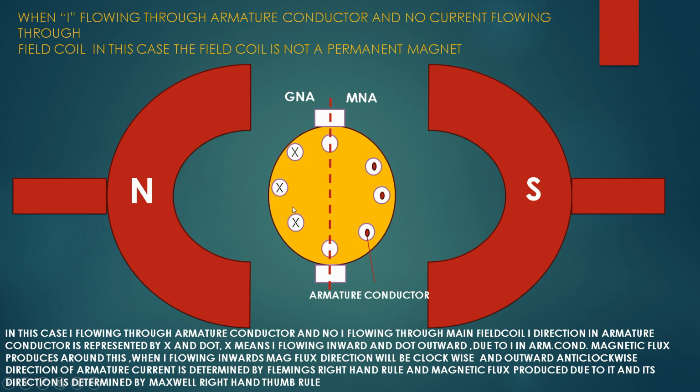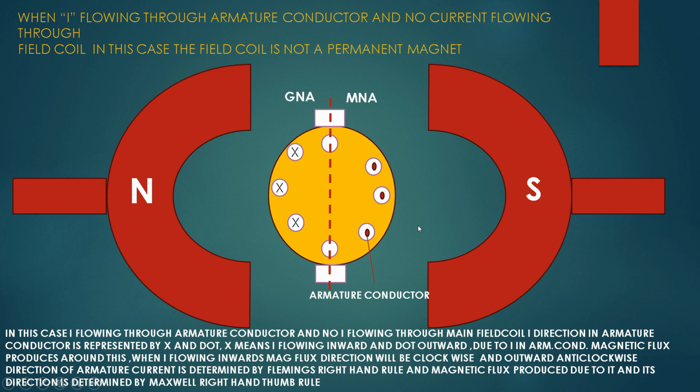So in this case the current flows through this armature conductor and no current flows through this field coil. The direction of current in the armature conductor is represented by X and dot. Here X means the current flowing inward and dot means the current flowing outward.